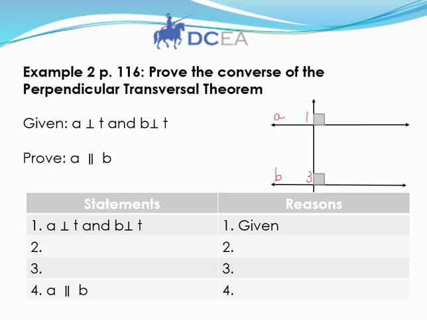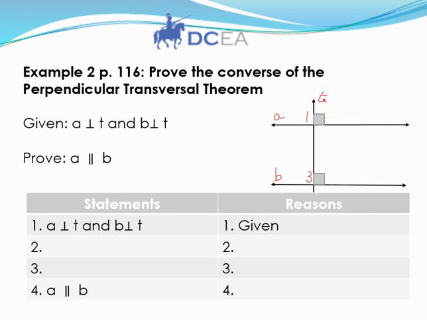Let's take a look at example 2, on page 116. Prove the converse of the perpendicular transversal theorem. We are given that A is perpendicular to T and B is perpendicular to T. And let me rewrite T in there.